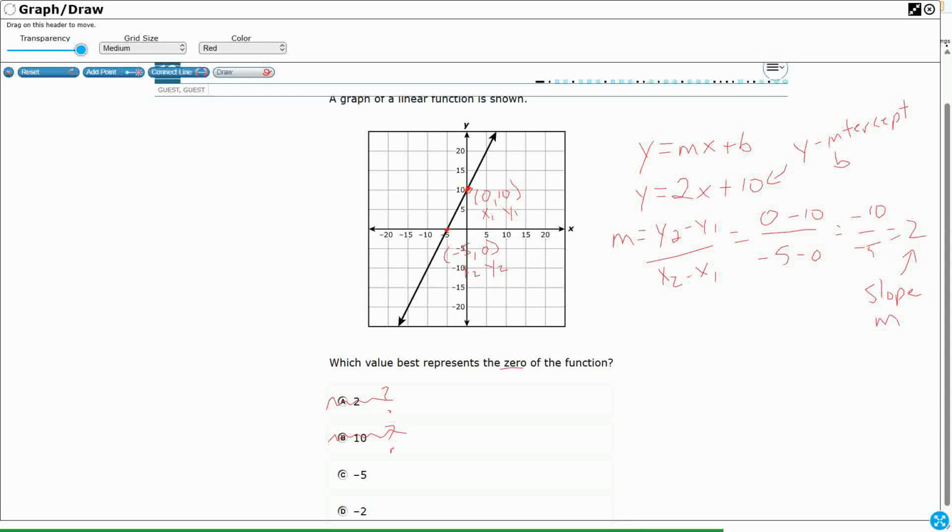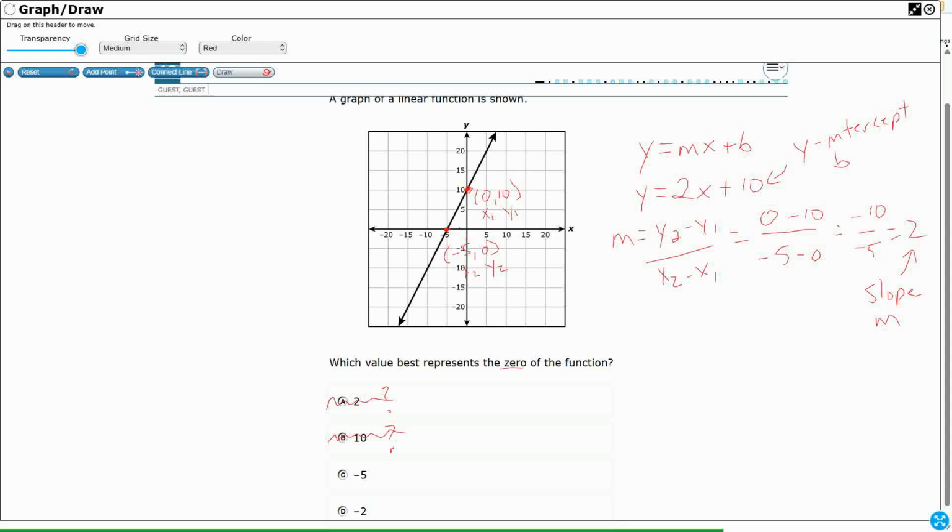So I'm stuck with -5 and -2. Well, I'm looking on this graph and I don't see anything for -2, right? So -2 would be about right here on the x-axis, about right here on the y-axis. Nothing interesting is happening there. We do have something interesting happening at -5 on the x-axis, and it's that point that I looked at right there.